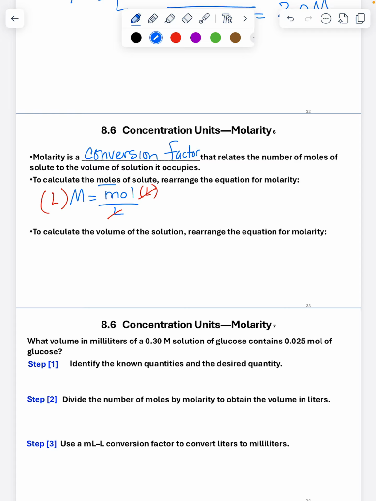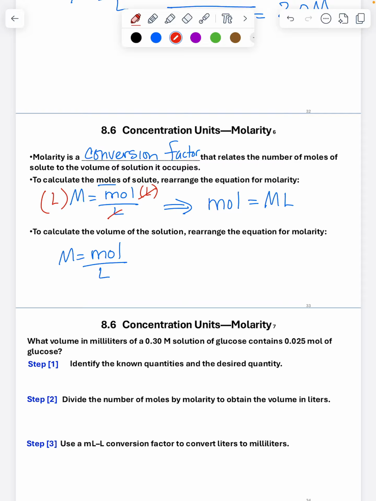On the other hand, if we wanted to calculate volume, we want to get liter by itself. Since liter is on the bottom of the fraction, that's going to take a little bit more work. So we would start by multiplying both sides by liter. And again, that's going to cancel the liter here.